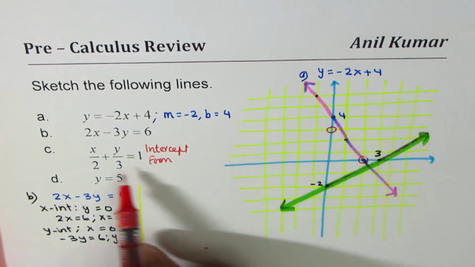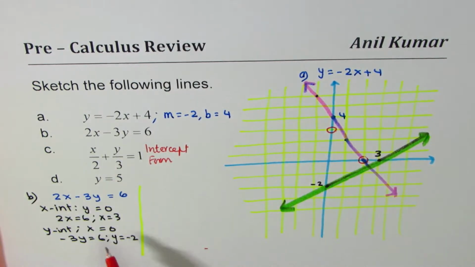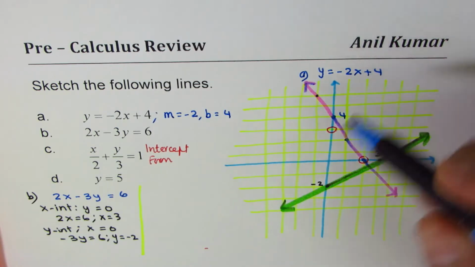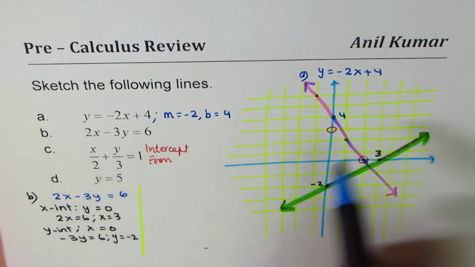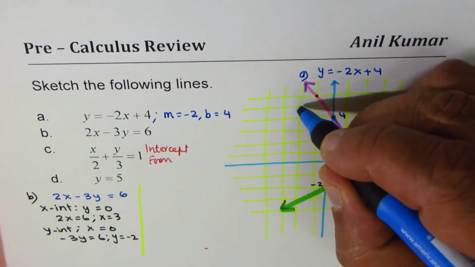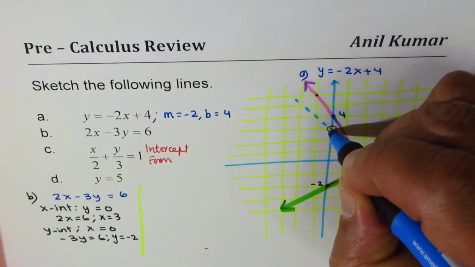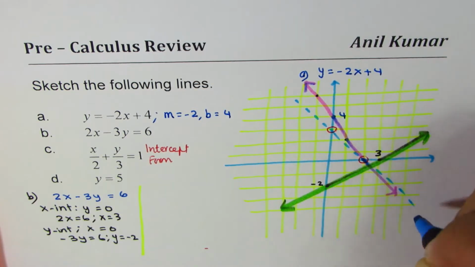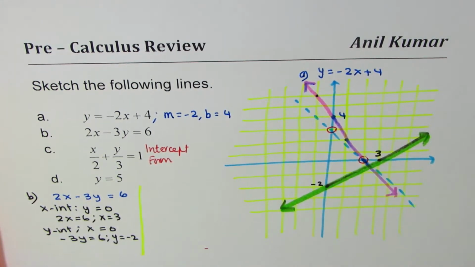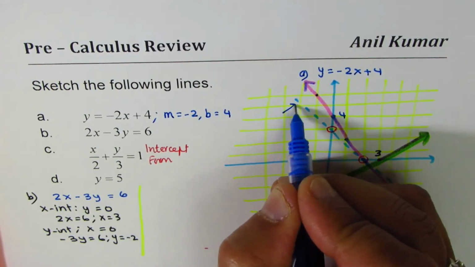Joining these 2 points, we could directly sketch this line, right? So x-intercept is 2, which is right there. Y-intercept is 3, which is there. So we just join. I'll use a different kind of line here, a dotted line. So that becomes my line for C.